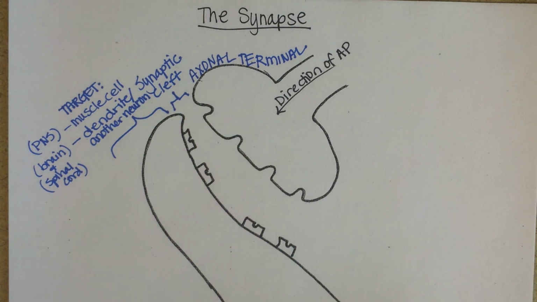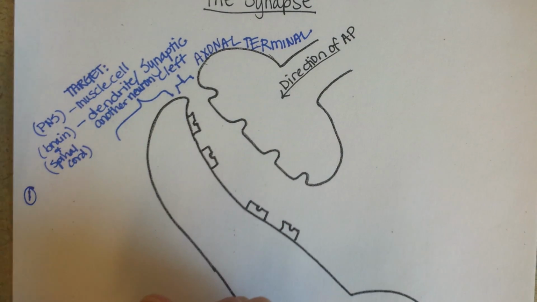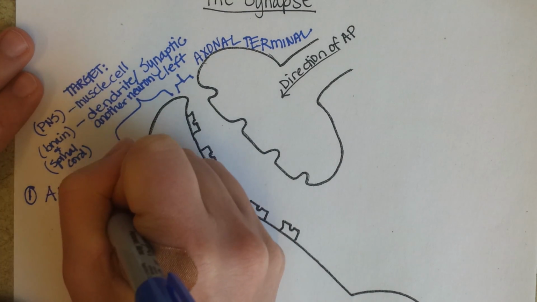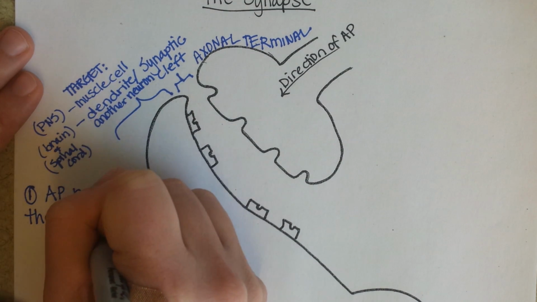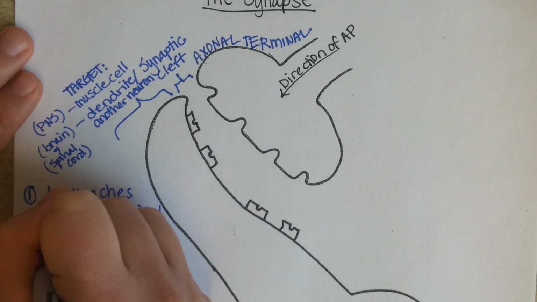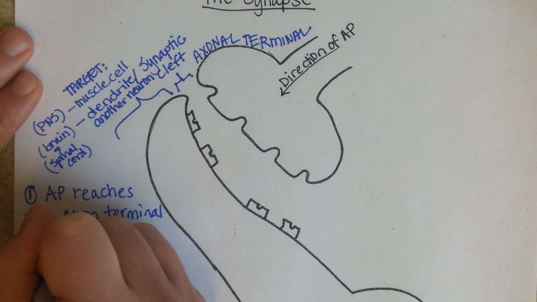You can get your blue pen again. The first step that I'll describe to you is that the action potential reaches the axon terminal and causes calcium channels to open.